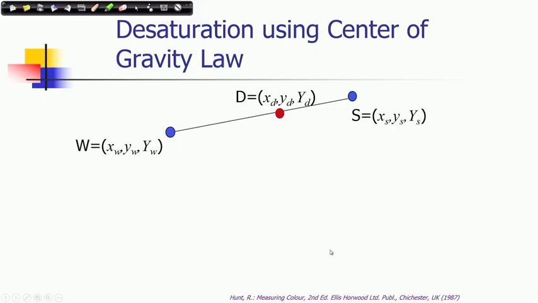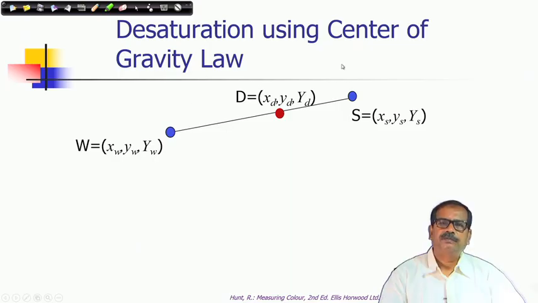This operation of saturation and desaturation is used for enhancing color images. So, we will describe this algorithm. Before that, let me explain the desaturation process. There is a work which proposed an intuitive way of obtaining a weighted combination.